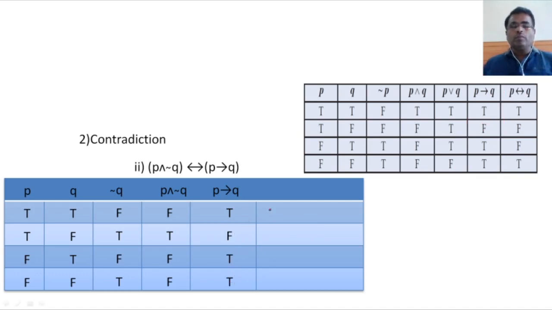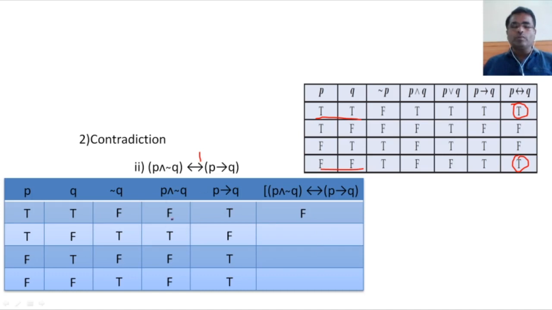Now we have to consider a double implication between these two. For double implication we know that if both are true or both are false, the resultant is true. So if they have equal values, only then is the resultant true.